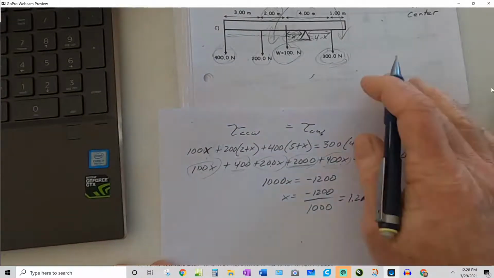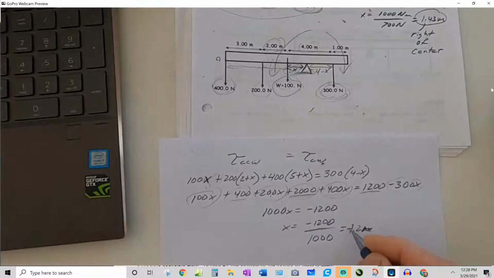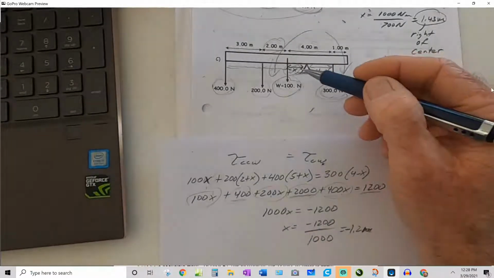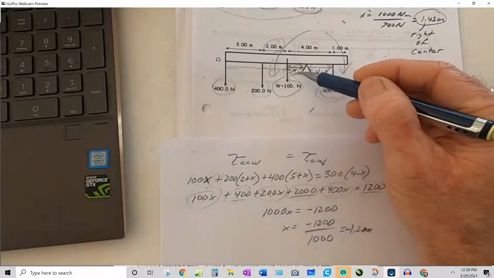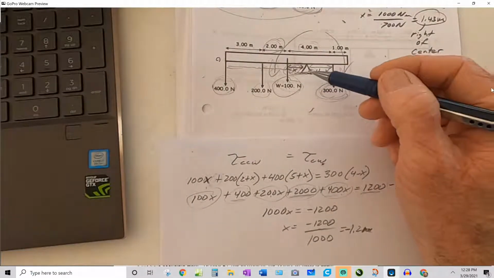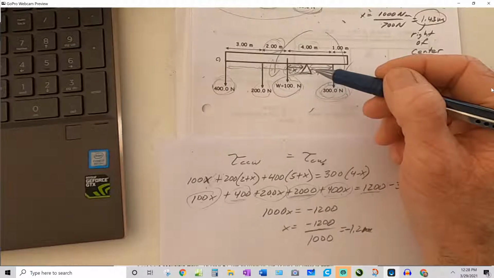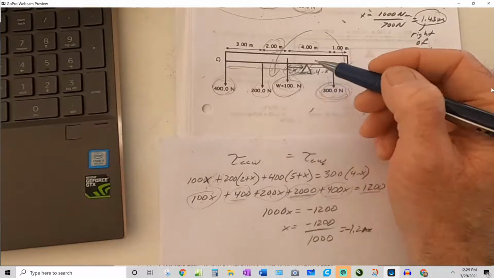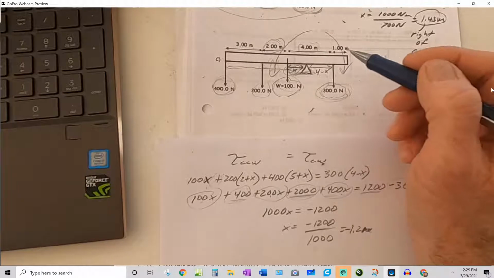Oh, sorry, negative 1.2 meters. So I get an answer that x is negative 1.2 meters. What the heck does that mean?